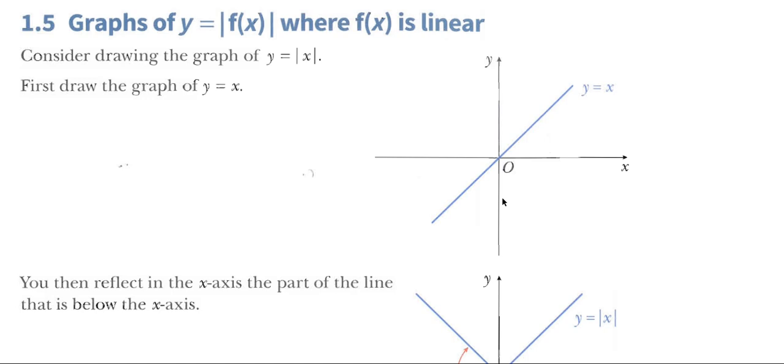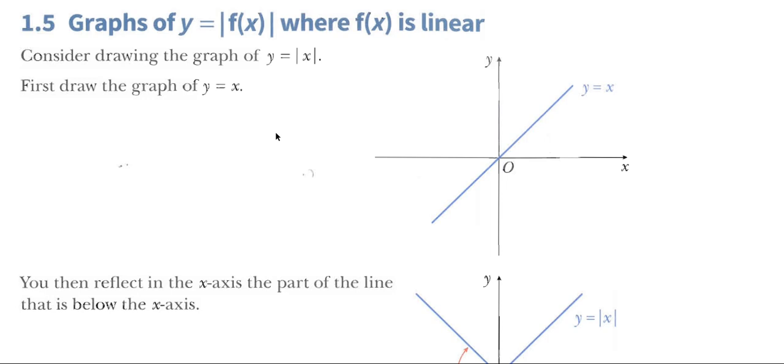See the first example. Consider drawing the graph of y equals the absolute value of x. First, draw the graph of y equals x. This is the first step. So, in order to draw or sketch the graph of an absolute value function, first we have to consider the given equation without the sign of absolute value.